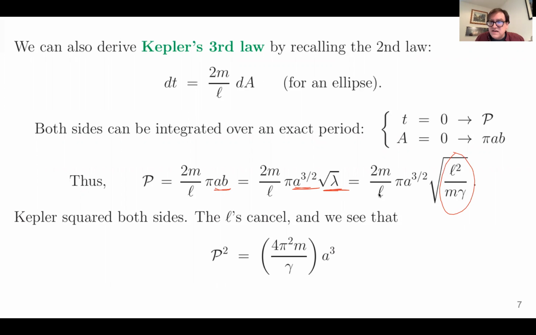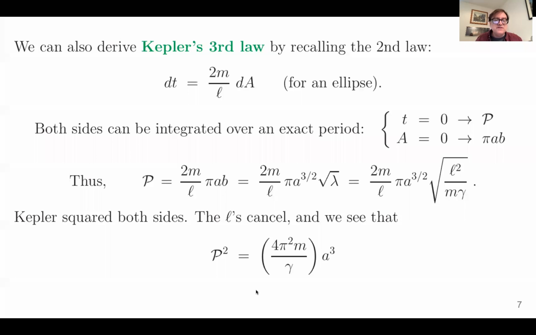Some of the masses, all of the angular momentum L's cancel out, and what you get is that the square of the period is proportional to something that has to do with the masses times the cube of the semi-major axis of the ellipse. That seems to be Kepler's third law.